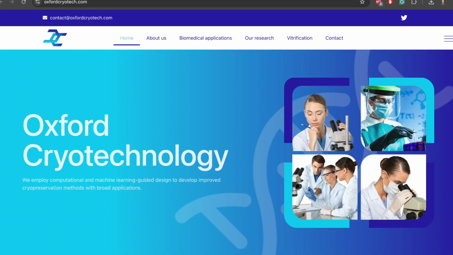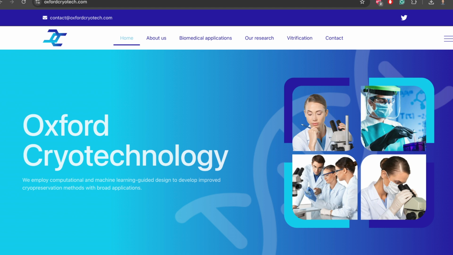And we have also created a company recently, about a year ago, where we want to employ such computational models and optimization methods to revolutionize cryopreservation using AI. The company is called Oxford Cryotechnology. We have a website, so if people are interested, please have a look and get in touch.